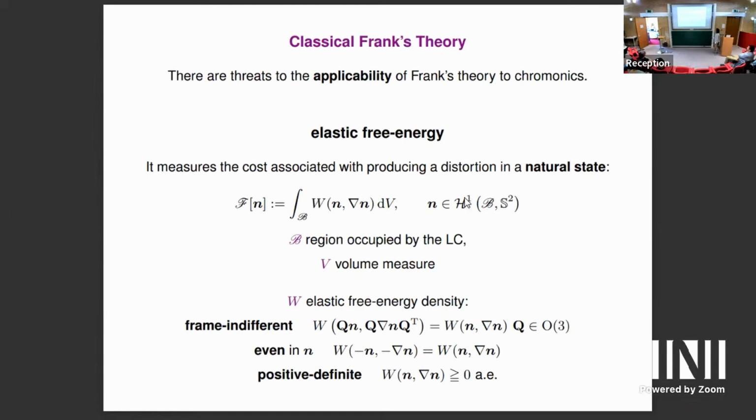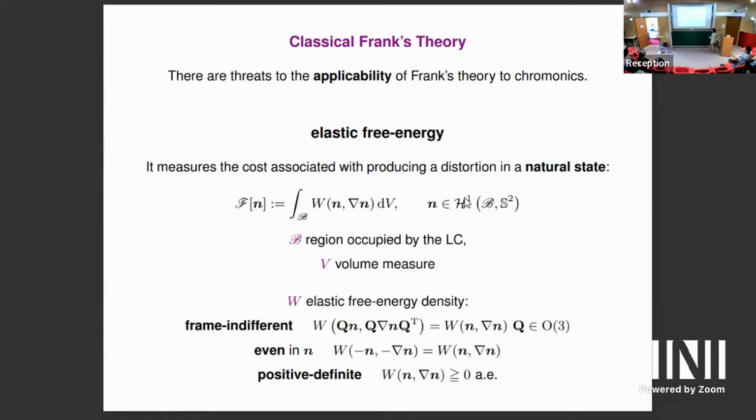And the classical theory for this bulk free energy, also called elastic free energy, is given by this function, where B is the region occupied by the liquid crystal, and W is the elastic free energy density, which must obey a list of requirements which describe the properties of the materials we intend to model. And in particular, it must be frame indifferent, which means that it must be the same in two frames.